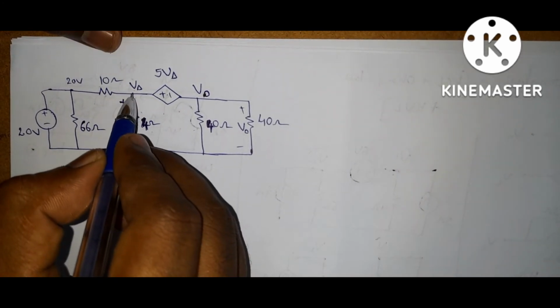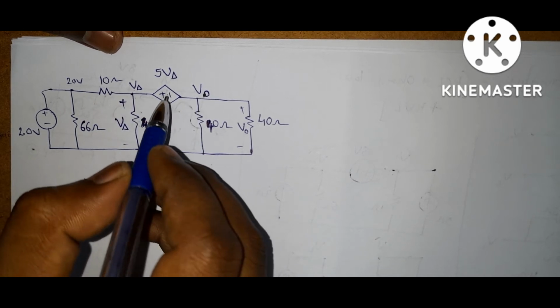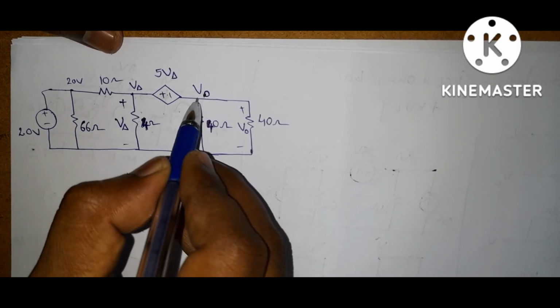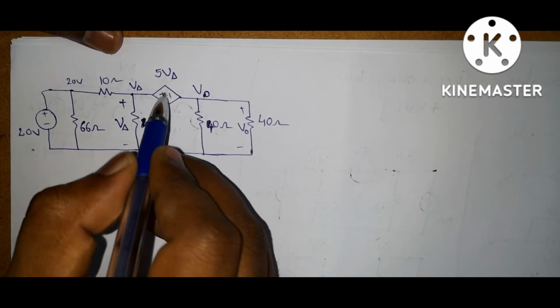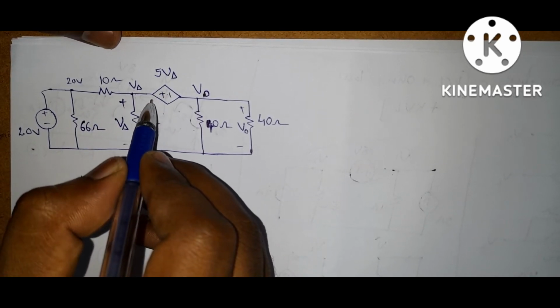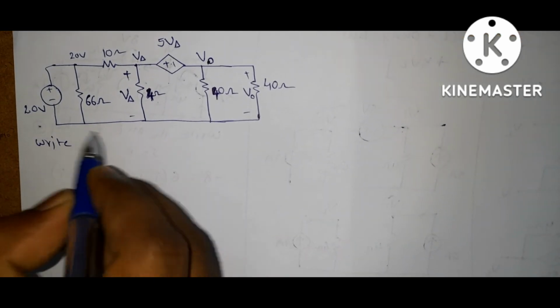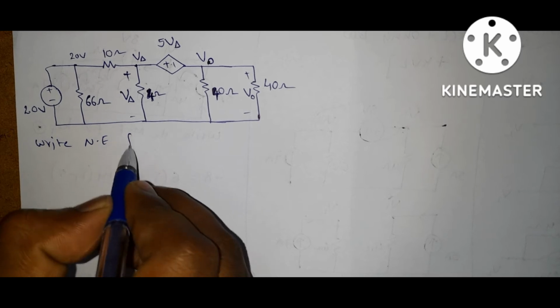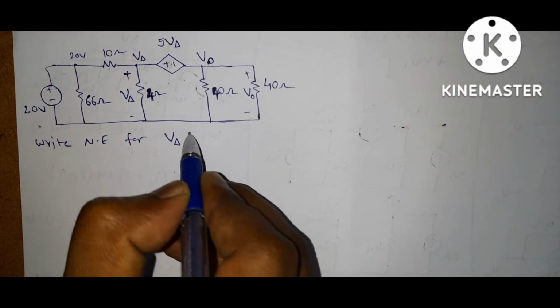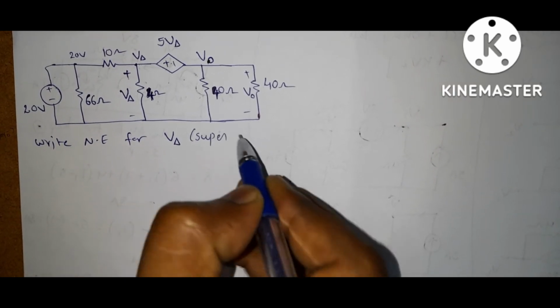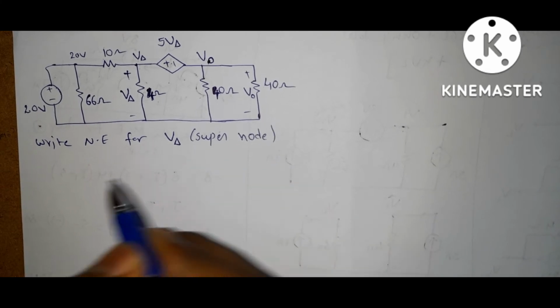So now write the node equation for V delta and V naught. Here, in between these two nodes there exists a dependent voltage source, so we need to apply the super node technique. Write the node equation for V delta, that is super node analysis.